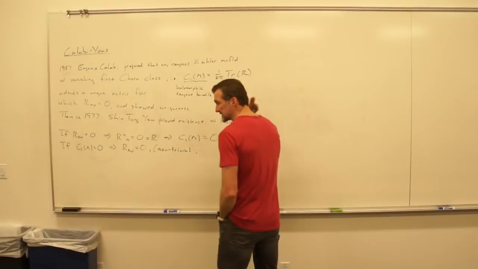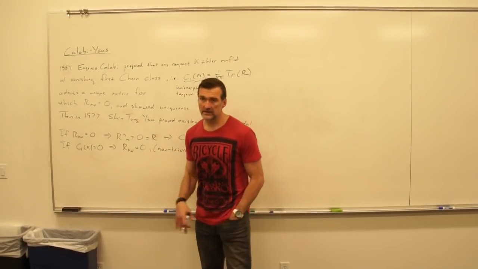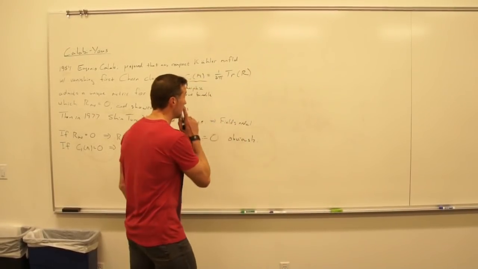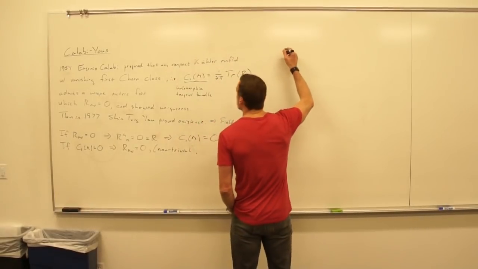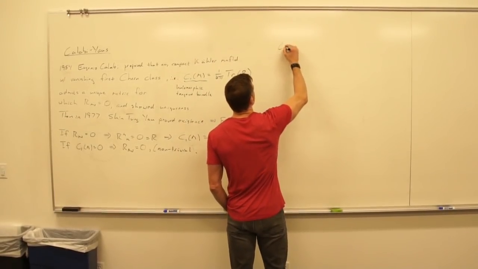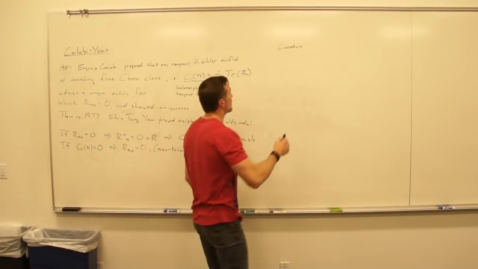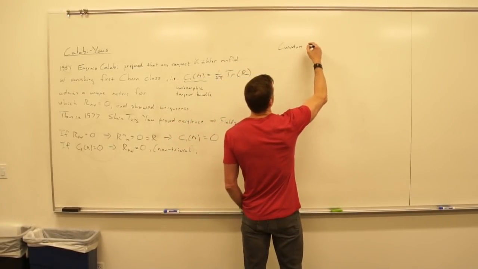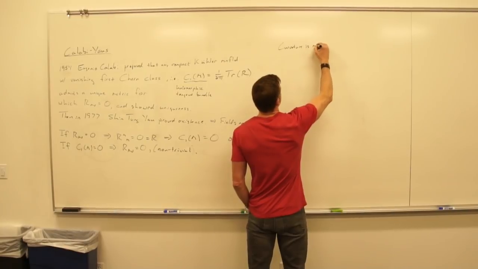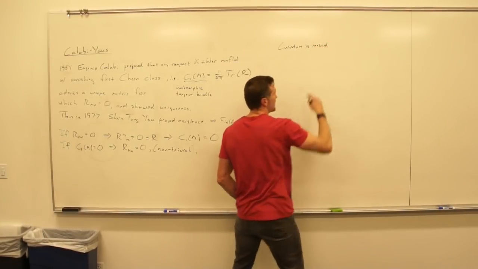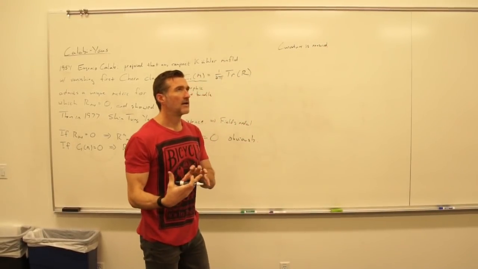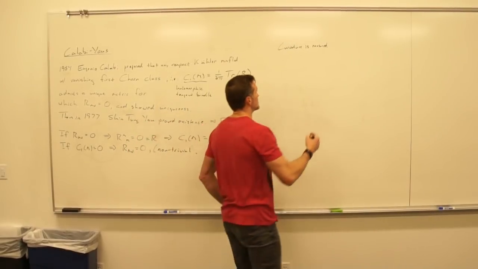So first of all, I think it's going to help to give you an idea of what R mu nu is and what R is and so forth and so on. So let's think for a moment about curvature. And this again is something that's going to help those who are taking GR. It'll be a reminder for those who have taken it. Curvature is measured, and when I say measured, I mean there's a mathematical quantity that you study if you want to know whether a space is curved or not.